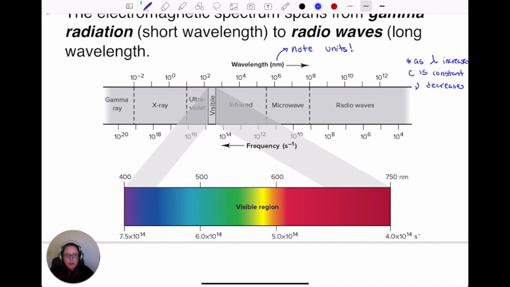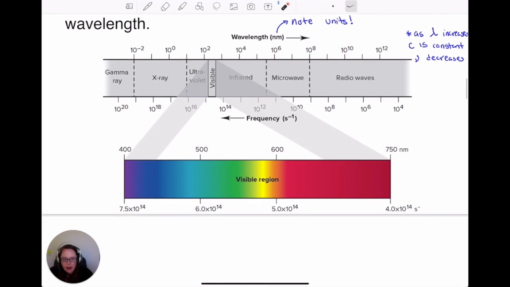Okay, so let's start in the middle with this. Let's start with our visible light. Visible light is of particular interest to us because it's how we see different colors, and it's something that we can sense very readily with our eyes. The visible region of light goes from 400 nanometers, give or take, to 750 nanometers.